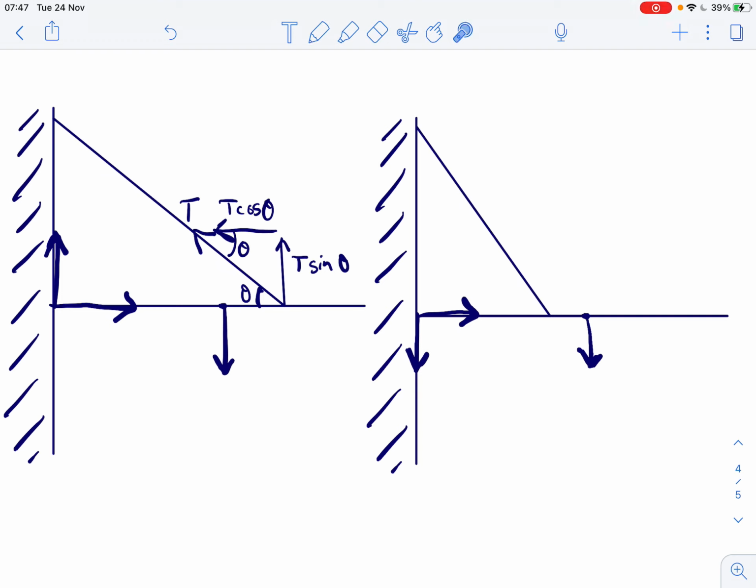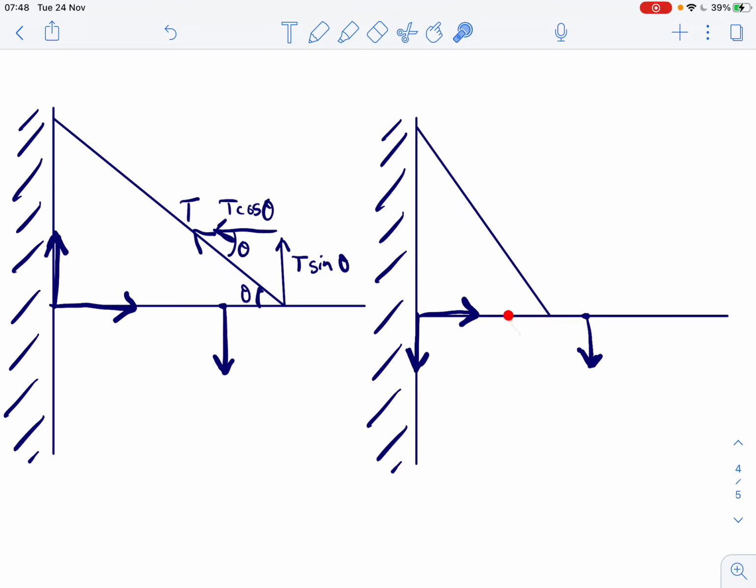Okay, so this fixed point at the wall will always have a horizontal force to counteract the horizontal force of the tension in the string, but it could have a vertical force, but we don't necessarily know whether it's going up or down.